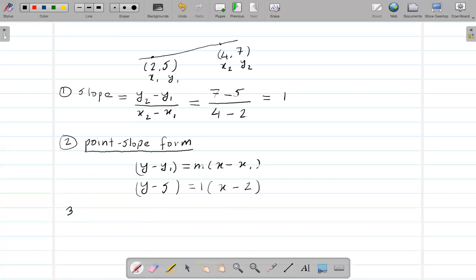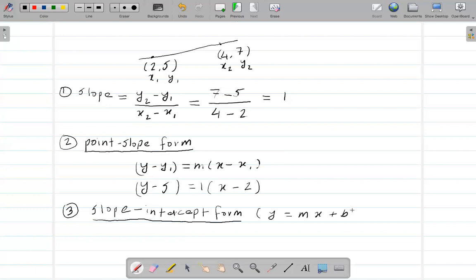Now, if the problem asks you to now find a slope-intercept form, then as we know that the slope-intercept form is y is equal to mx plus b. So that means I need to change this equation to this form, y is equal to mx plus b form. So let me do it in the next page.